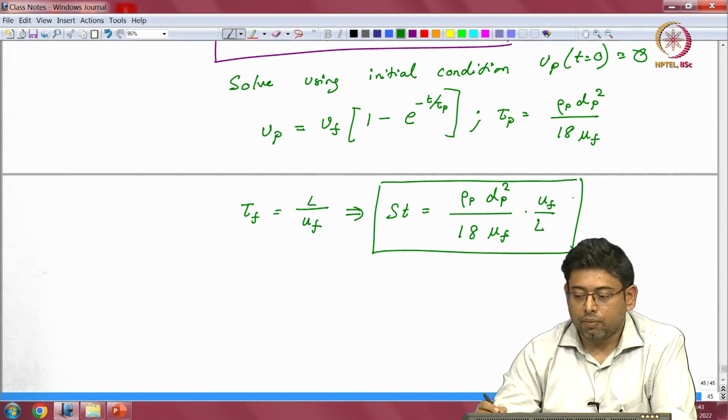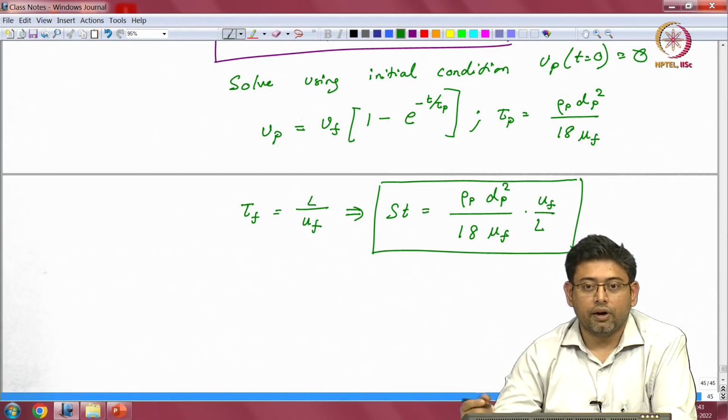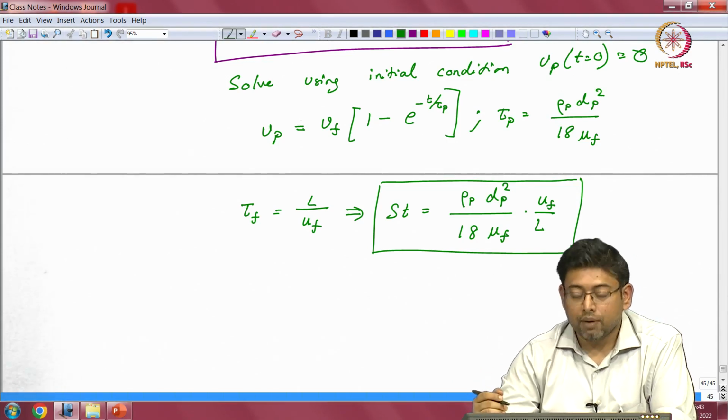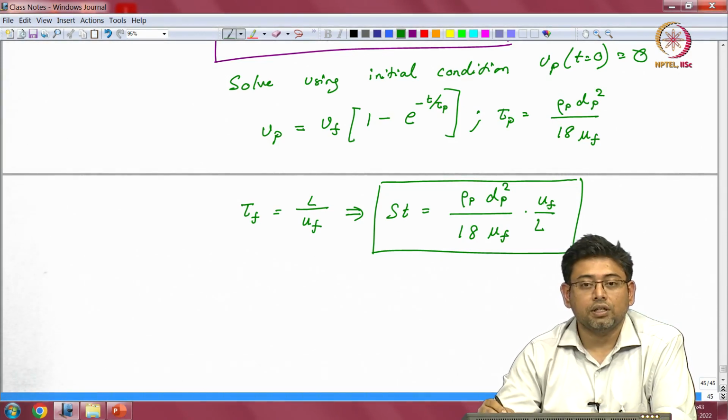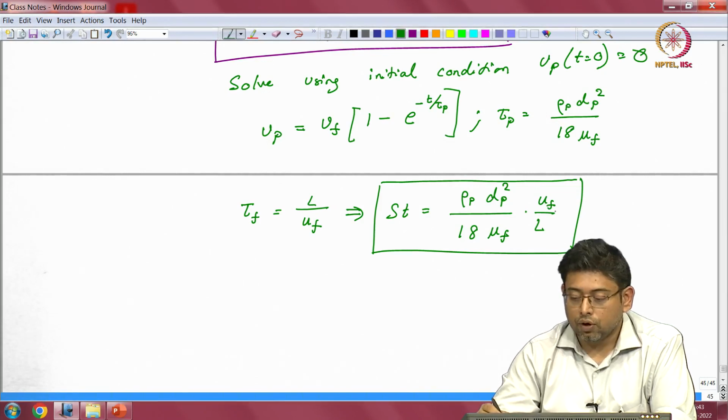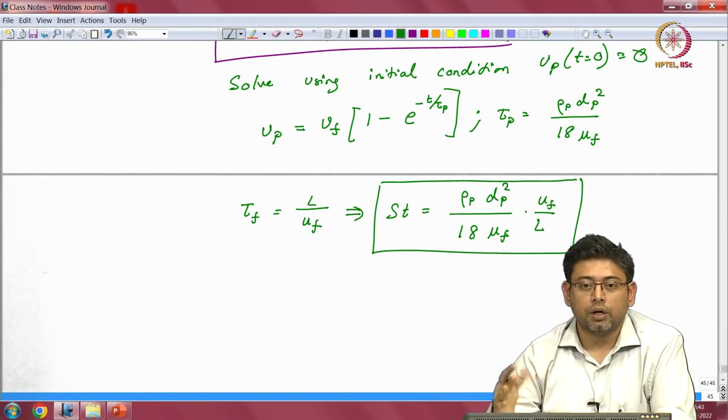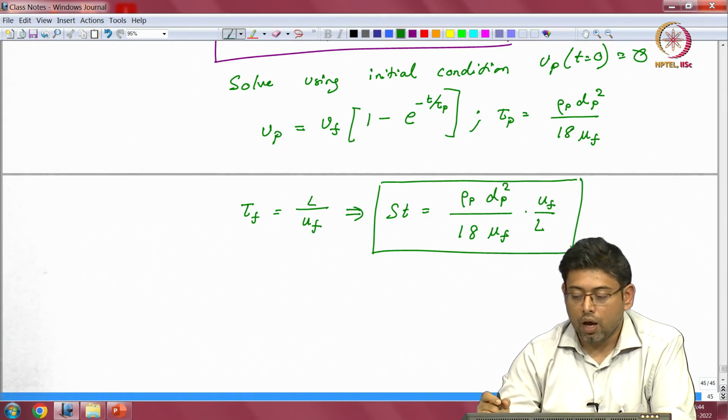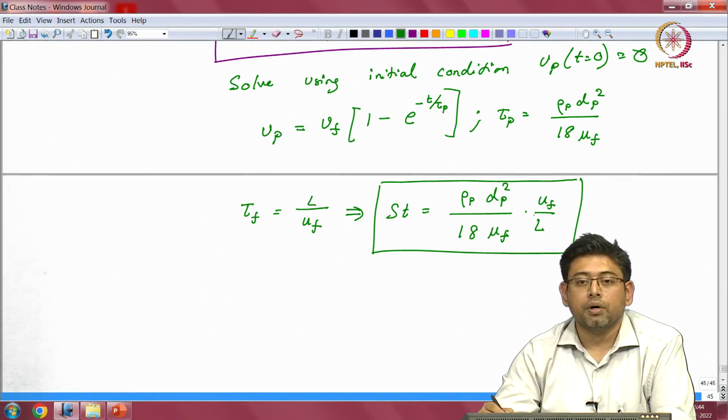That you can get by various physical considerations, let us say by imposing mass continuity. This is not, by the way, the local velocity, this is just a velocity scale in the system. So you have to estimate approximately the velocity scale of the fluid flow, and then you use that number here.